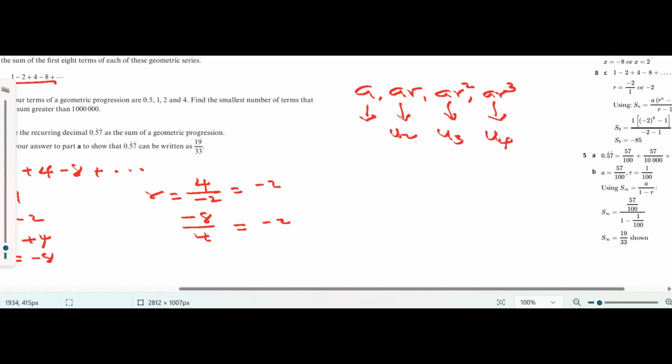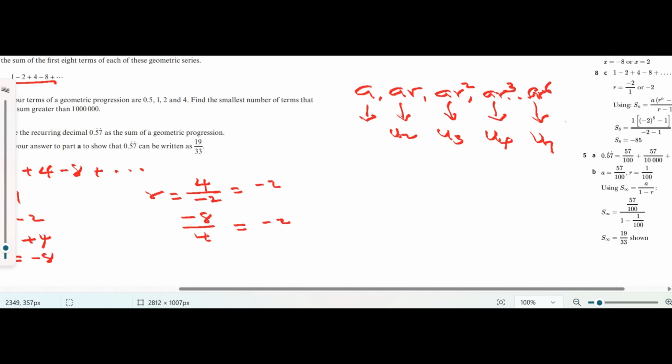If you look at it very well, as the number of terms increases, the power of R increases by 1. The second term is AR, the third term is AR squared, the fourth term is AR cubed. What will be the seventh term? Yes, for the U7, thank you very much, it will be AR raised to the power 6.